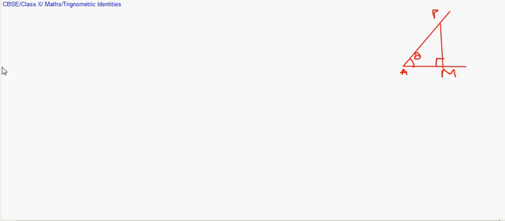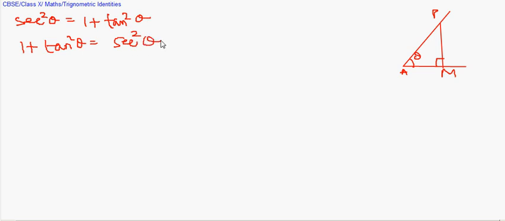The second one it says is sec square theta is equal to 1 plus tan square theta. Or I can simply write 1 plus tan square theta is equal to sec square theta. You can take from any of the sides, start doing it.